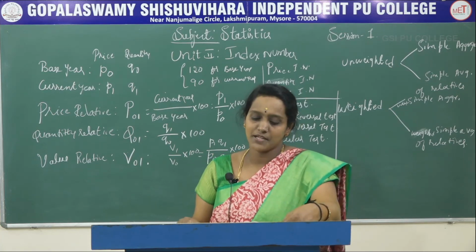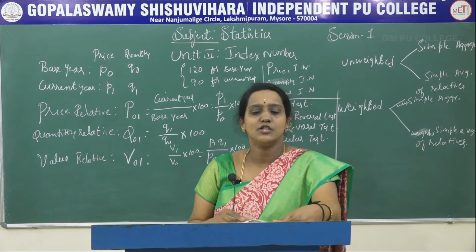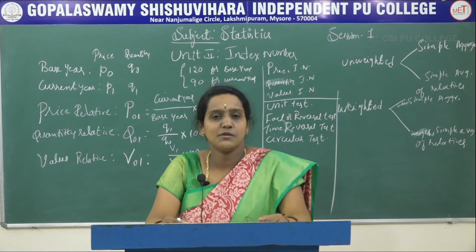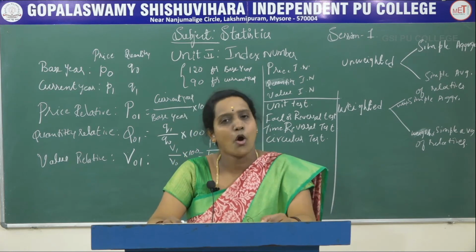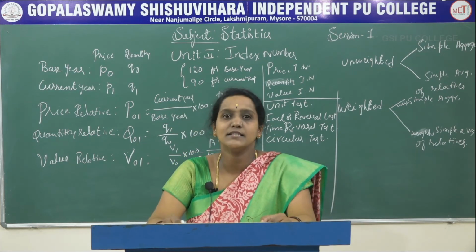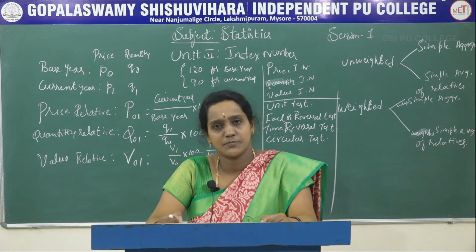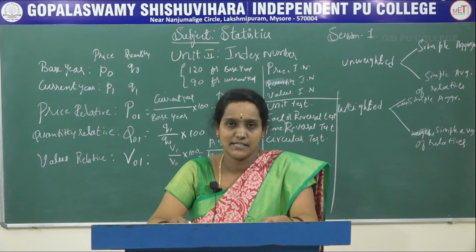And the last concept in this chapter is consumer price index number. Consumer price index number is nothing but cost of living index number, that is our earning and our expenditure, our family budget.